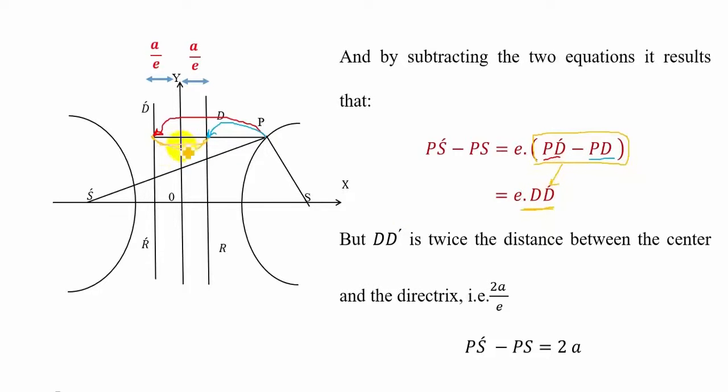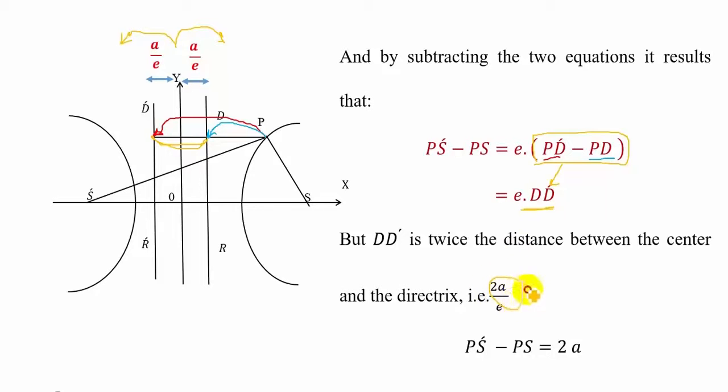Look at this one: we have a over e in one of them as positive and the other as negative, but we're going to take the absolute value of this. So we have how many a over e? Two.